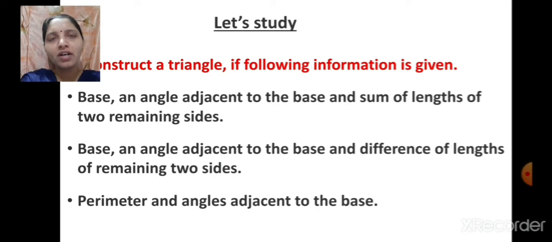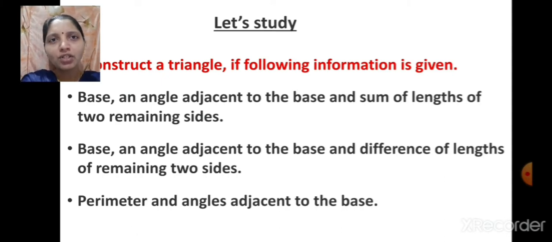So these are the three cases, and according to this information we are going to construct a triangle. Now you all know that to construct a triangle we need at least three conditions. We should know three sides of a triangle, or the base and the two adjacent angles, or if you are drawing a right angle triangle, then at least you should know the base and one side of that triangle. Then only you can construct a triangle, and those constructions we have learned in the previous standards.